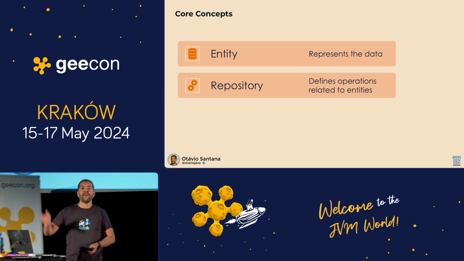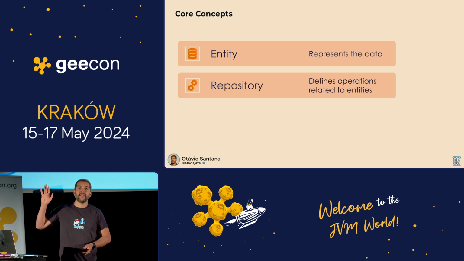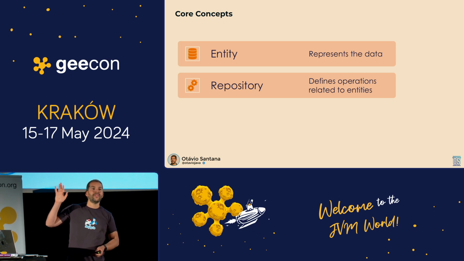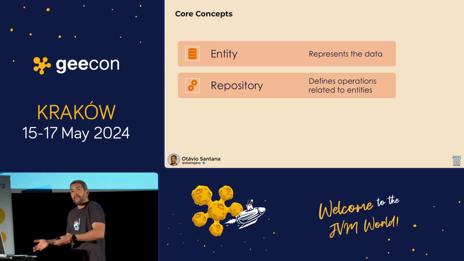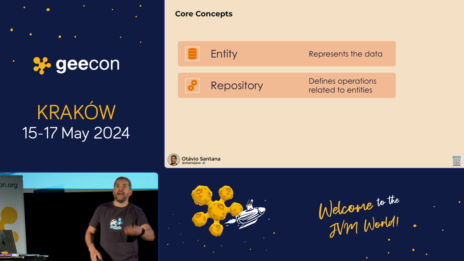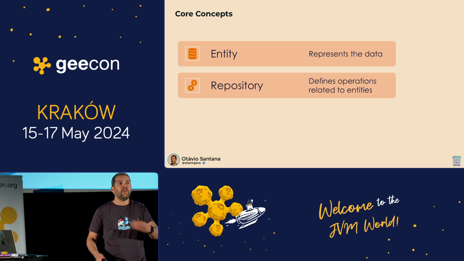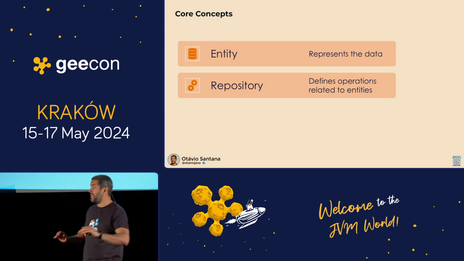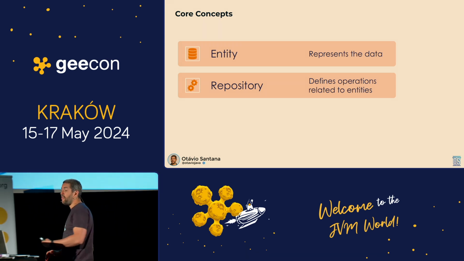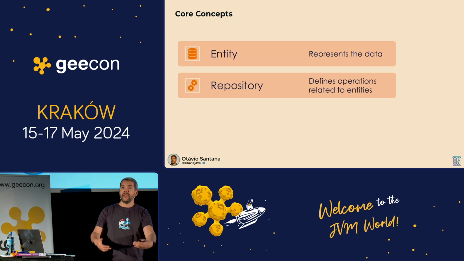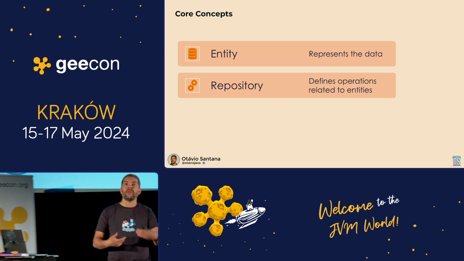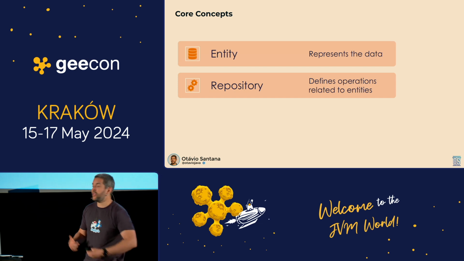By the way, who is familiar with JPA or Jakarta Persistence? So I guess almost everybody. It's basically one single class with annotations that has one ID. So that's my entity. And then I have my repository, which is basically the operation layer that will work close to my business, in a super domain-centric way.